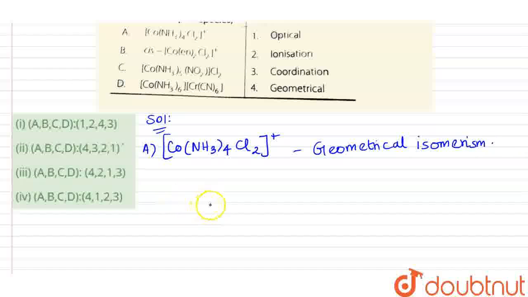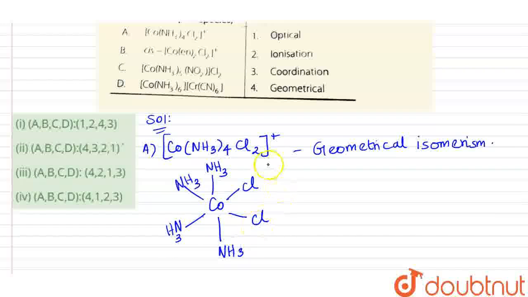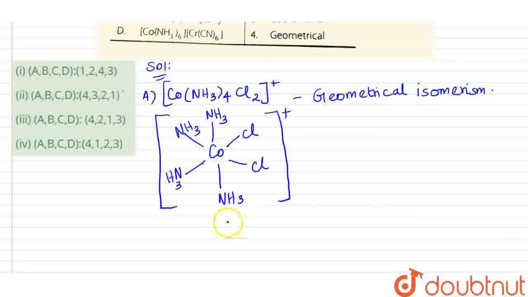The cis form will be like cobalt, because the ligands will be near each other. The chlorines will be adjacent, and of the 4 ammonia ligands, each ammonia will be adjacent to the next. The trans form is when the ligands are in opposite directions. So the chlorines will be on opposite sides, and the same applies to the ammonia.